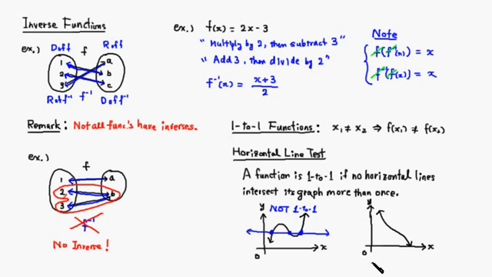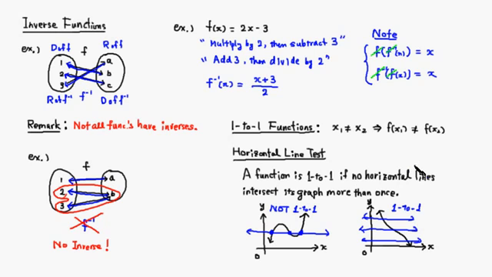About this one, no matter where you draw your horizontal line, it can only intersect once. Therefore it passes the horizontal line test, so this is the graph of a one-to-one function. So it's fairly easy to check graphically.